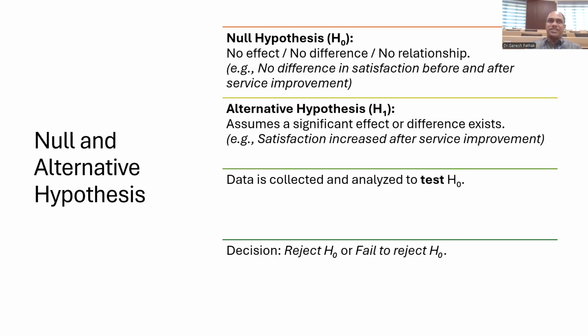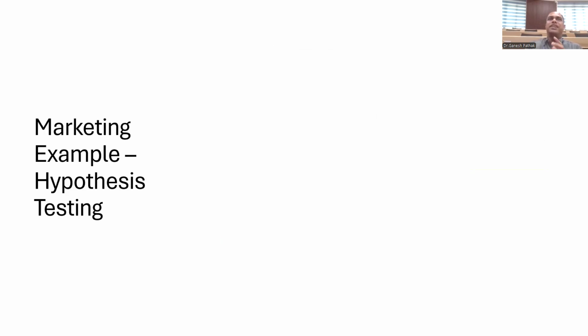Now, in the marketing context, let's take a real world example from marketing to make this concept more practical. Imagine a marketing manager wants to assess the effectiveness of a new online ad campaign. They suspect that the new campaign might result in higher conversion.